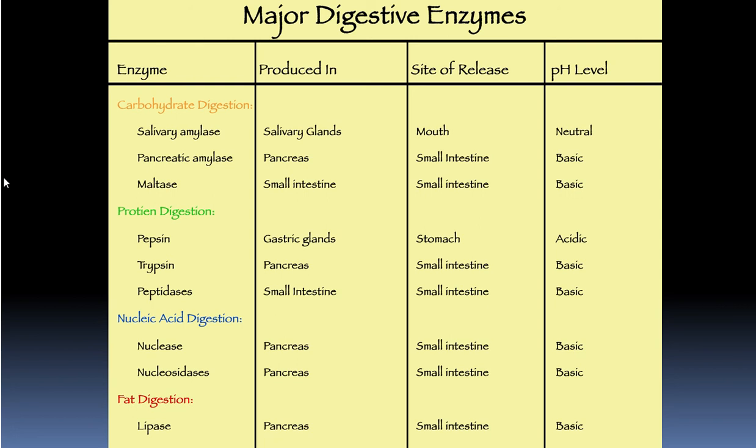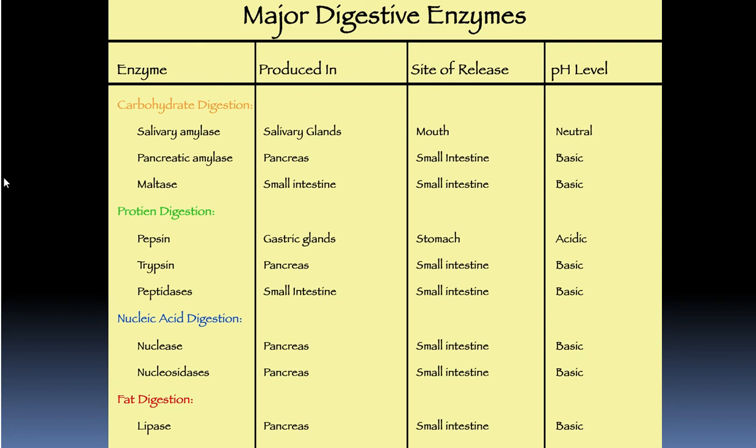Just something to note is that for enzymes, certain conditions, certain parameters have to be occurring in order for those enzymes to actually function. Those parameters can include certain temperatures. In this case, the key component is the pH level. Is the pH acidic, basic? Is it neutral? Notice how in the stomach it's acidic, whereas in the small intestine you're looking at basic conditions.